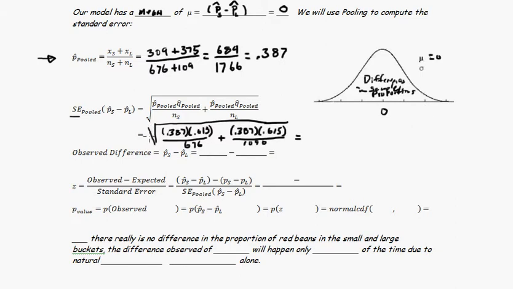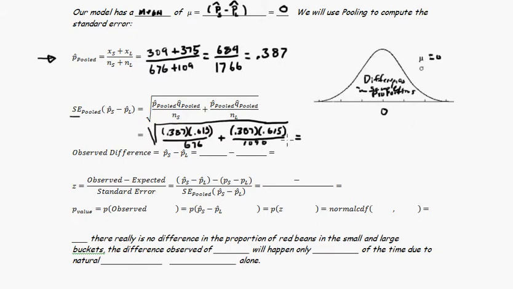Okay, so you can actually do this in your calculator in just one entry. What you do is you just say square root and don't put the parentheses in. Just say 0.387 times 0.613 divided by 676, and then just say plus, because the TI-83 and 84 know about order of operations. So just say plus 0.387 times 0.613 divided by 1090.